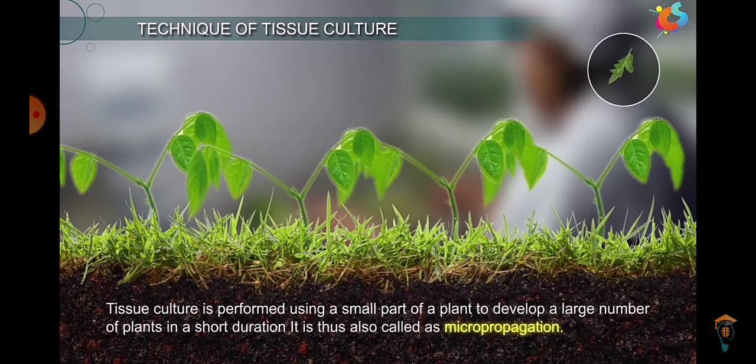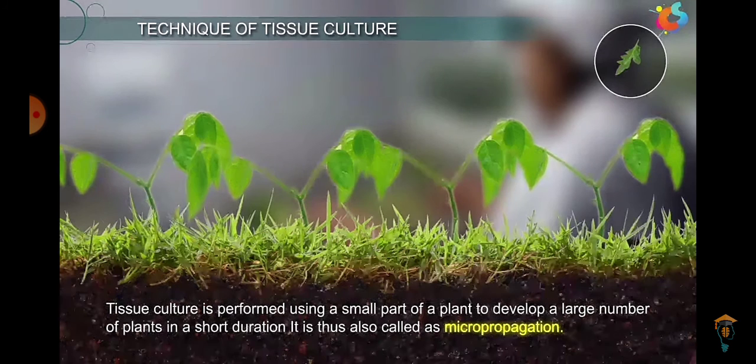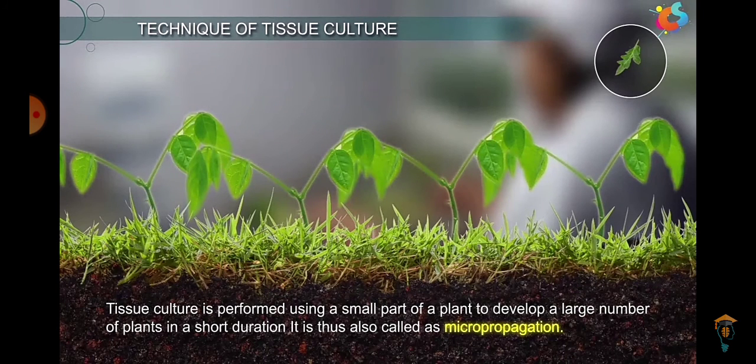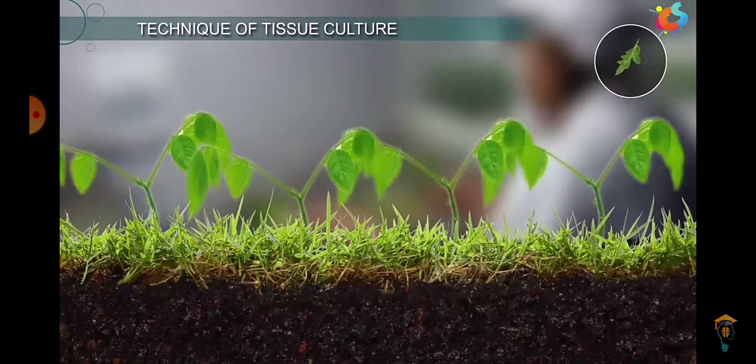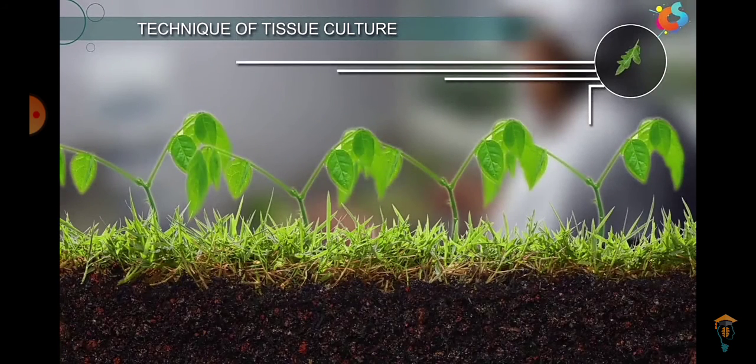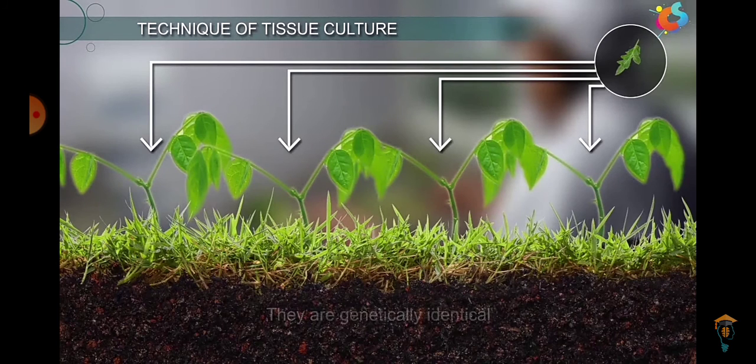Tissue culture is performed using a small part of a plant to develop a large number of plants in a short duration. It is thus also called as micropropagation. As all these plants are developed from the same part of the parent plant, they are genetically identical and called soma clones.